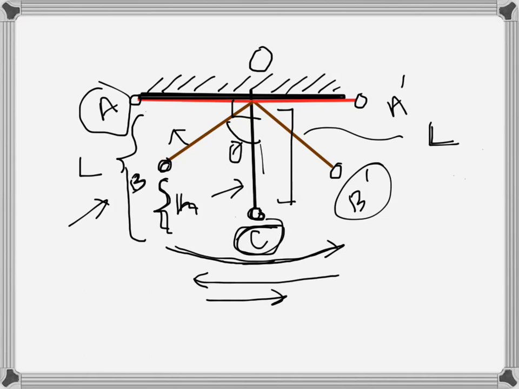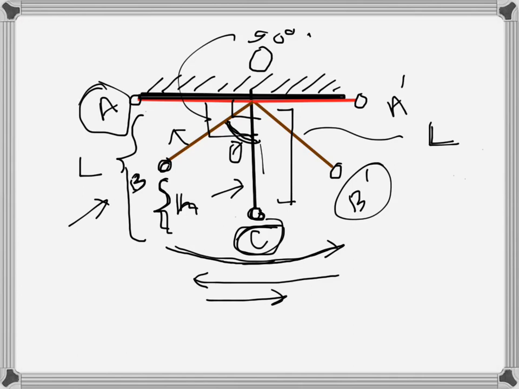Now at position B, say it makes an angle theta with the vertical position C. At position A, the angle with the vertical becomes 90 degrees.